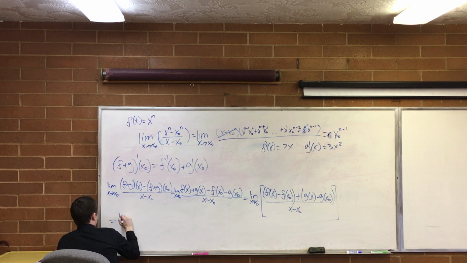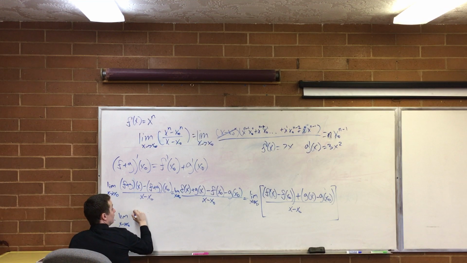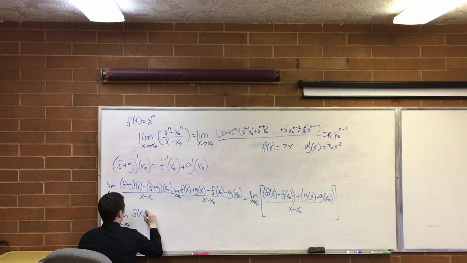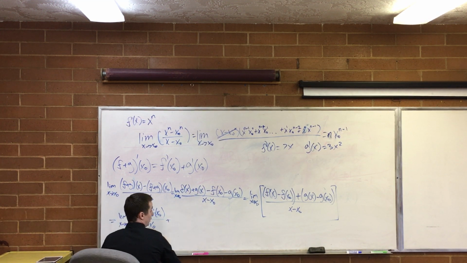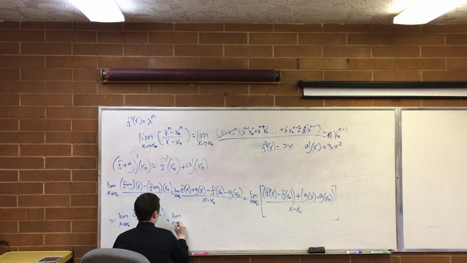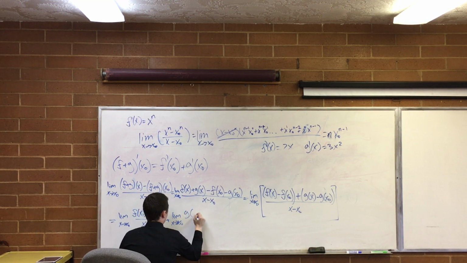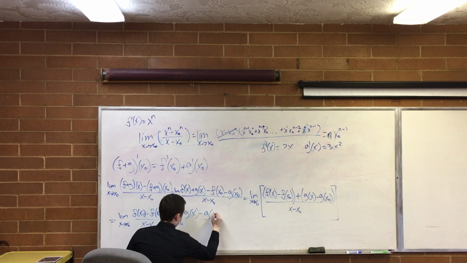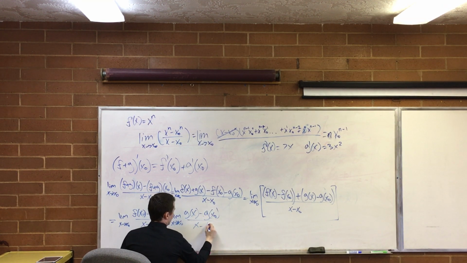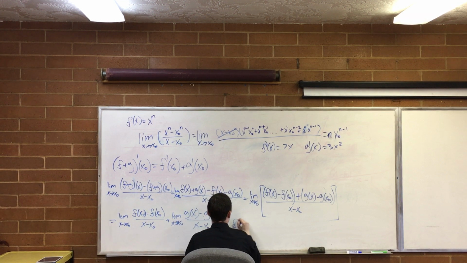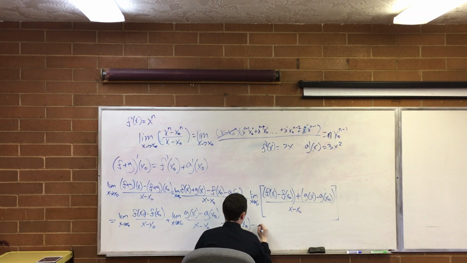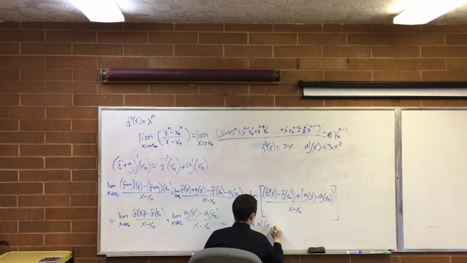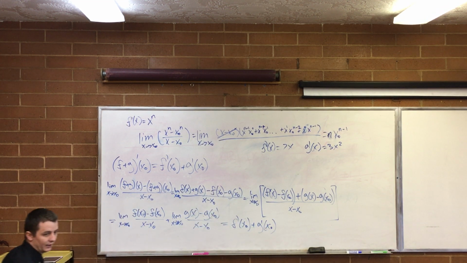So this is equal to the limit as x goes to x naught of f of x minus f of x naught over x minus x naught plus the limit as x approaches x naught of g of x minus g of x naught over x minus x naught. And those are exactly the definition of derivative, which is by definition f prime of x naught plus g prime of x naught. Any questions on any of the thinking that happened there?